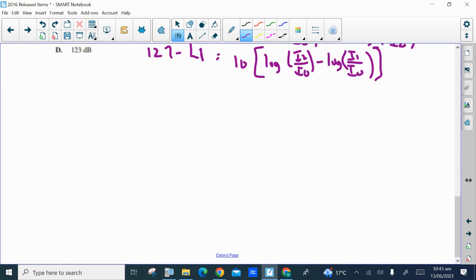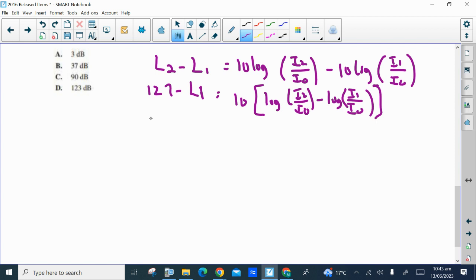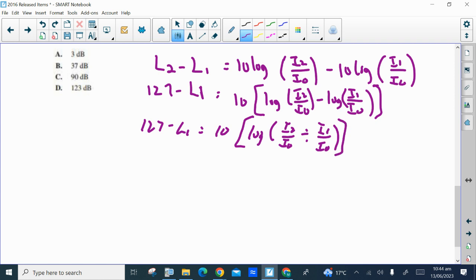And because you're subtracting logs with the same base on the right side, we can use the quotient law to combine them. That'll be the log of I sub 2 over I sub 0 divided by I sub 1 over I sub 0. And so we're dividing by a fraction inside the brackets, so we can do that by multiplying by the reciprocal.